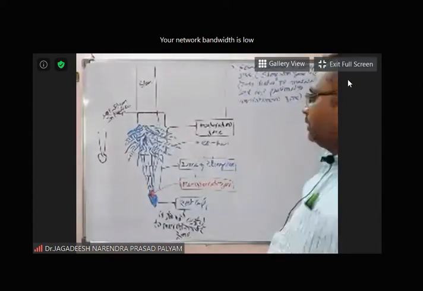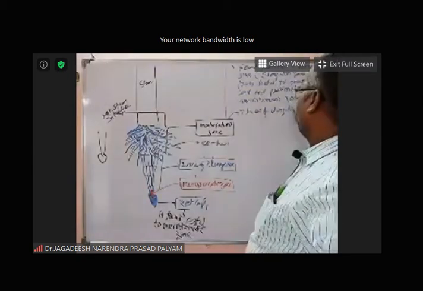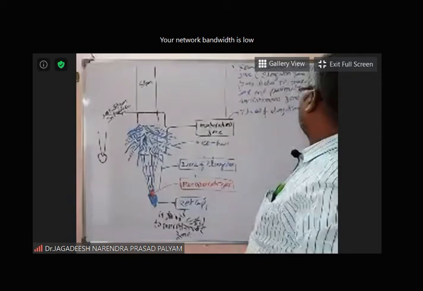Here, the cells of the elongation zone. Which cells? Proximal cells.